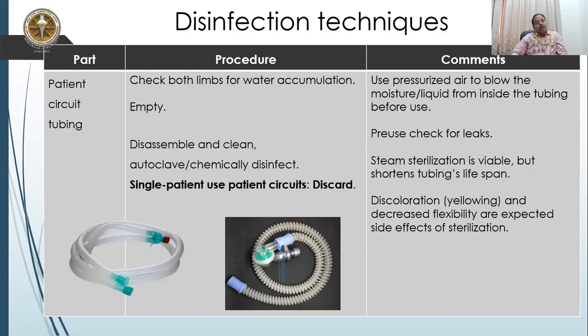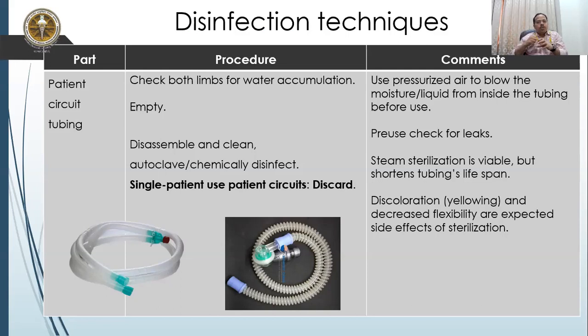But if you are using reusable ones, as shown in the picture, you need to disassemble them completely, then clean with water, and disinfect either with a chemical agent or send for autoclave. Both ways it can be done. The only thing you need to remember is that when you clean with water or agents, because of the corrugation in that circuit, some of the agent or water always stays inside.